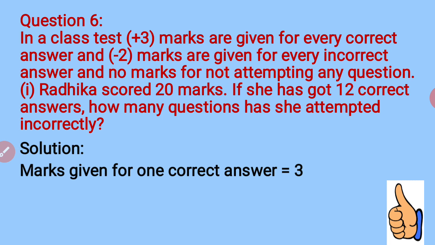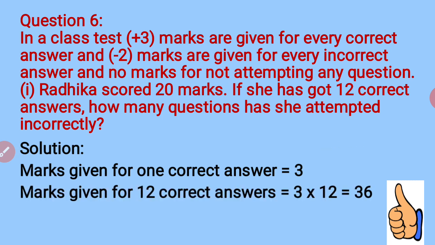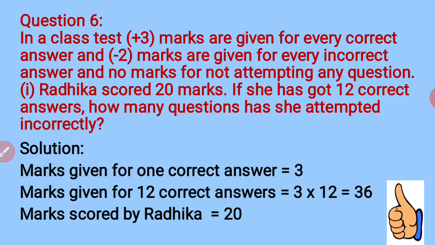Here marks given for one correct answer is +3. Because she has got 12 correct answers, the total marks she must have got should be 3 multiplied by 12, that is 36. Now 36 should have been her score, but her actual score is only 20. That means there is loss of marks.